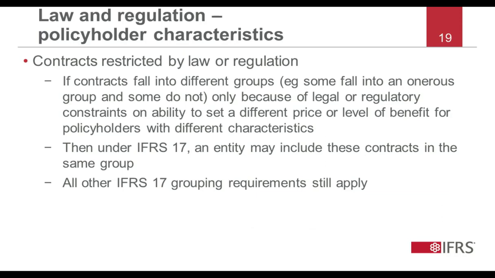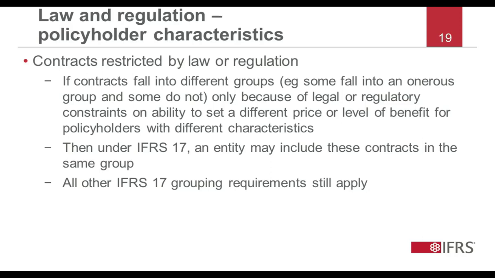There may be regulations or laws that constrain the entity's ability to charge different prices based on a particular policyholder characteristic, for example, gender. If contracts within a portfolio fall into different groups because law or regulation specifically constrains the entity's practical ability to set a different price or level of benefits, and for no other reason, then an entity may include those contracts in the same group.